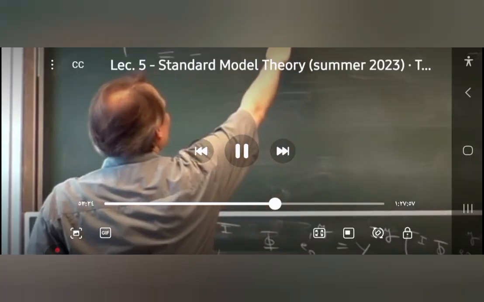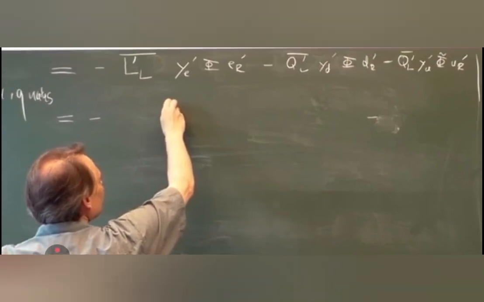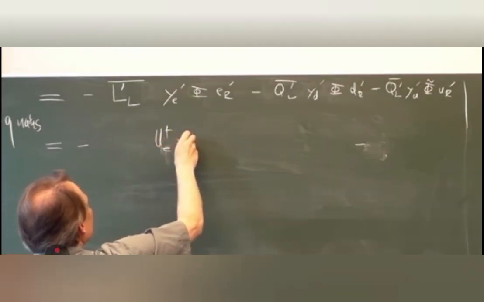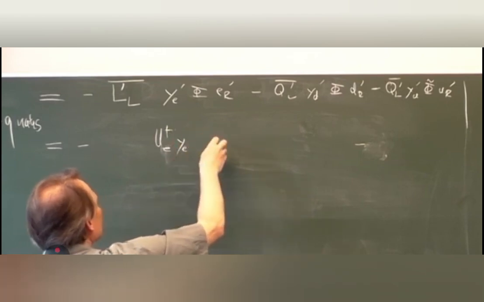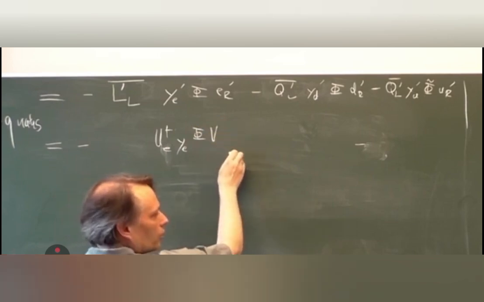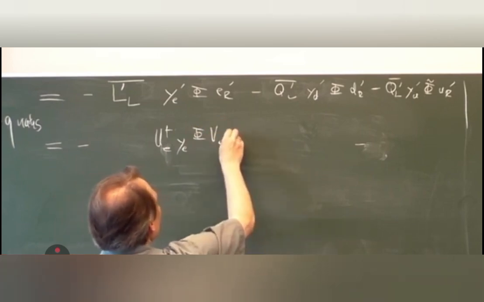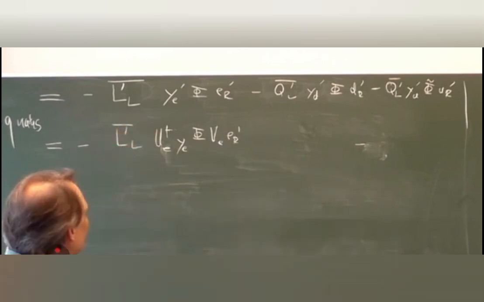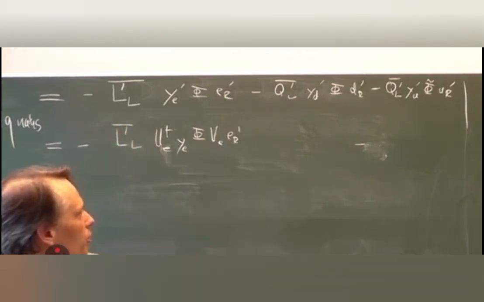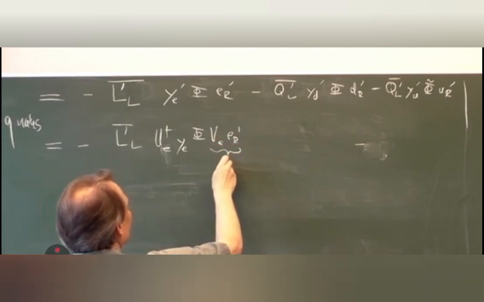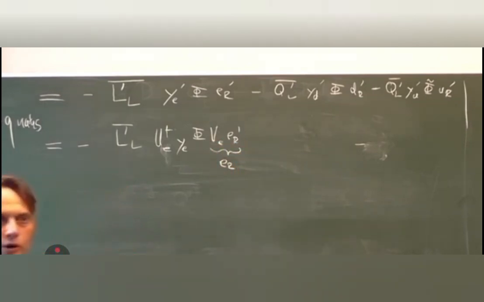So let's plug in the definitions. Then we have here, for example, U_E dagger Y_E without prime, which is diagonal, times phi times V_E times e_R' times l_L' dagger. And then let us immediately go to the next step, because V_E times e_R' is equal to e_R without prime, and I can use the matrix notation without indices.